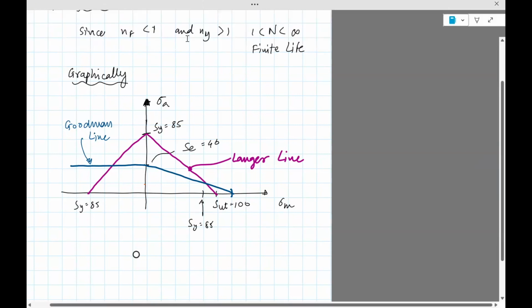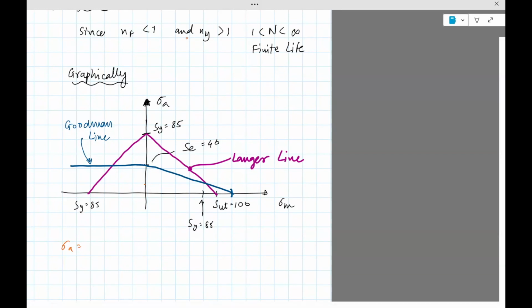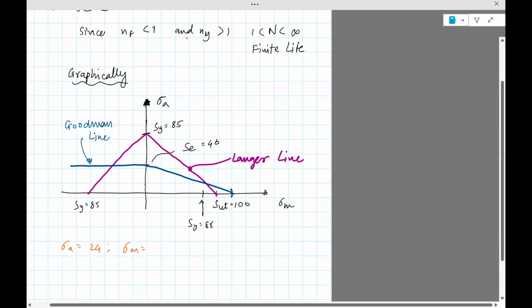So we're given that sigma A for this problem is 24, and sigma M for this problem is 48. So sigma M is on the x-axis. 48 seems to be, so 0 to 85, 100 is here, so it seems like it's halfway between here and here.